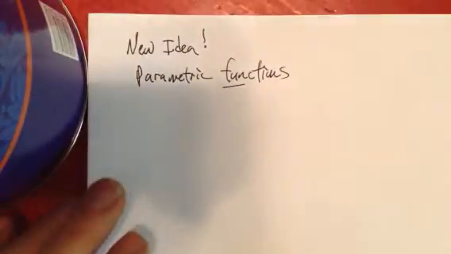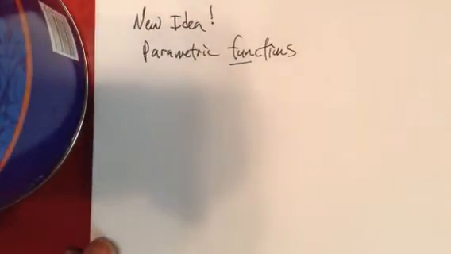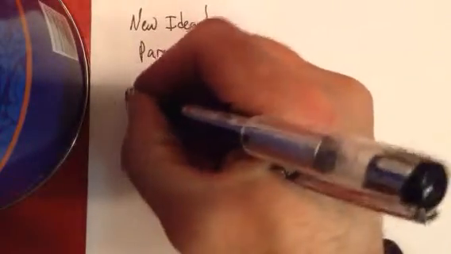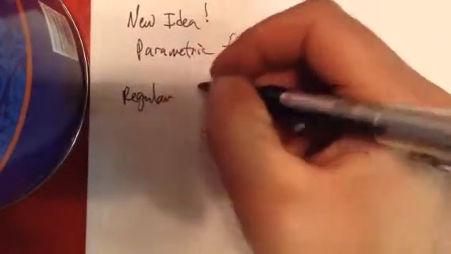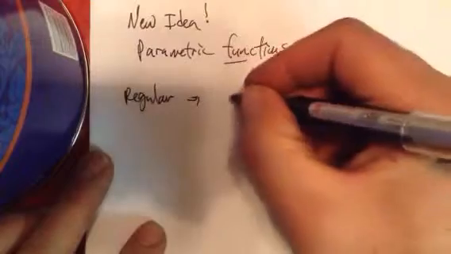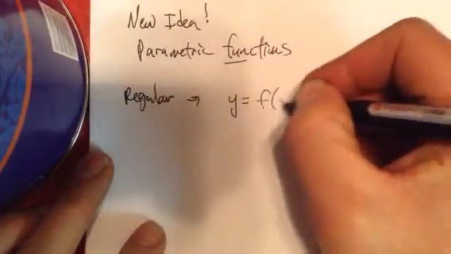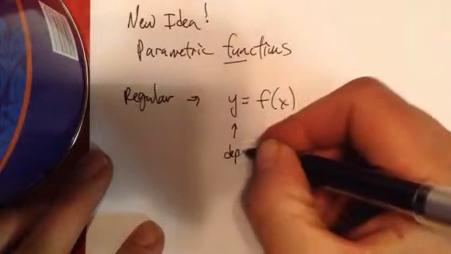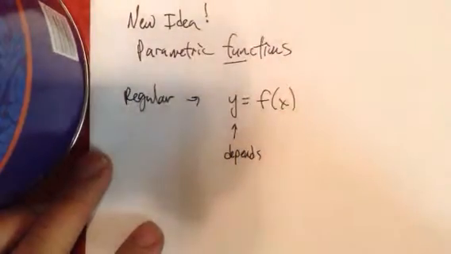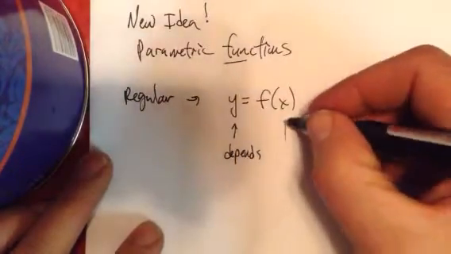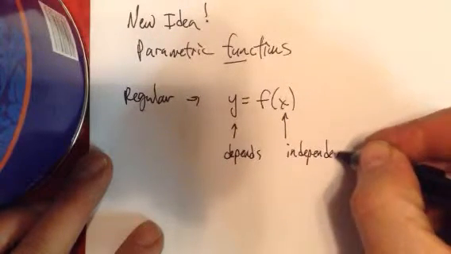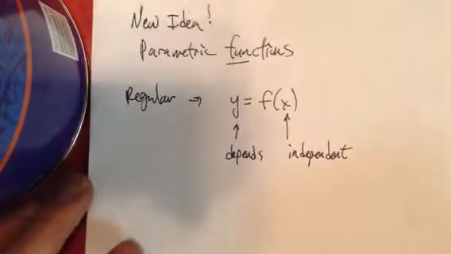With an emphasis on the fun. So it goes like this. Normal functions, our regular functions, are y is equal to a function of x. That is to say, y is dependent, and what it depends on is x, so we call x independent.